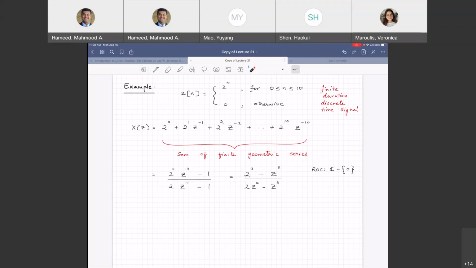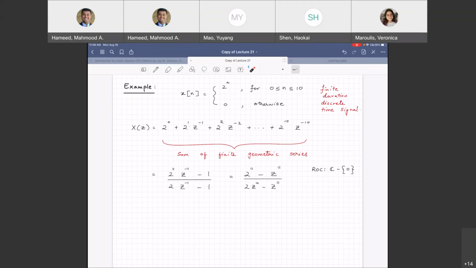So if it's a finite duration sequence, the Z transform will be all of the complex plane minus 0 and plus and minus infinity. Zero in general, but plus and minus infinity depends on whether it is defined for n less than 0 and n greater than 0 or not.